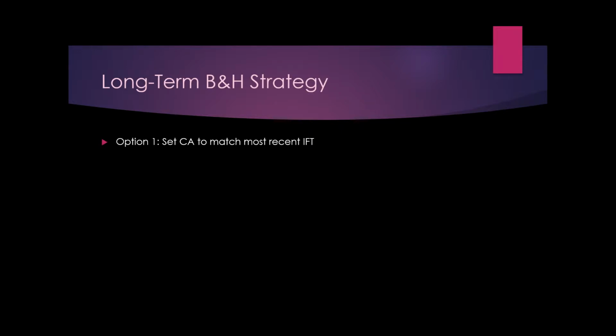It's not how she specifically has her own contribution set up to go, but most of the people in the group are probably going to set the CA to match whatever their last IFT was.